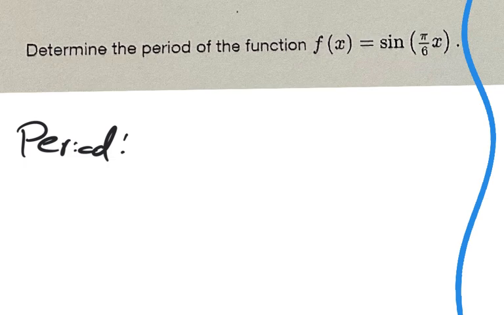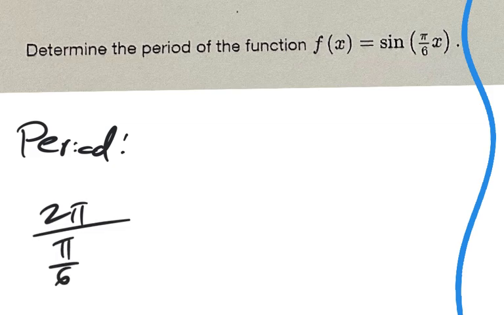So how do we find the period? We take the default period and we divide it by whatever's being multiplied by that x. So what's the default period of sine? 2 pi, divided by b. b is the number that multiplies the x. So 2 pi over 6.